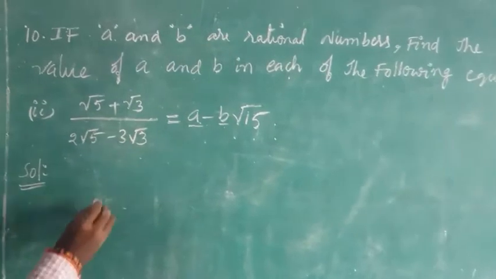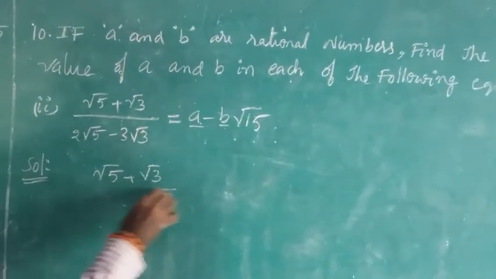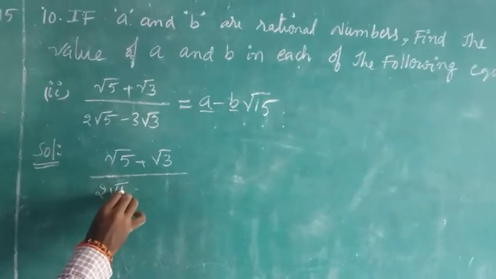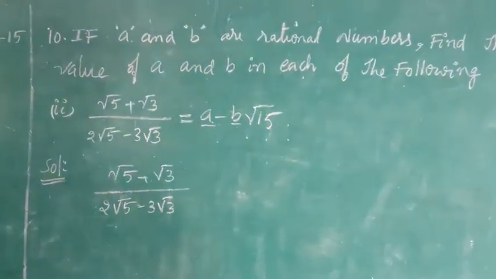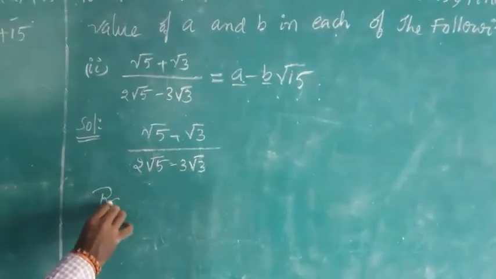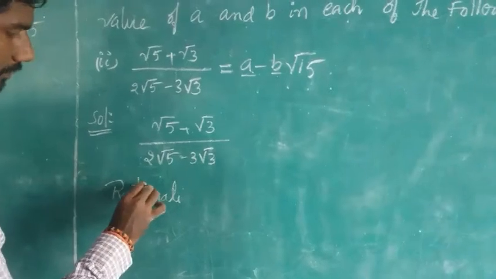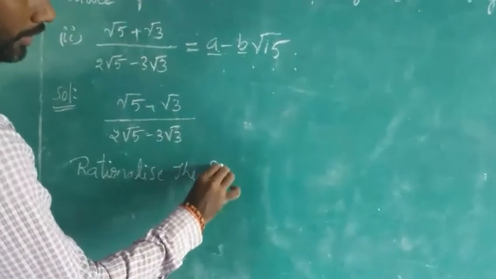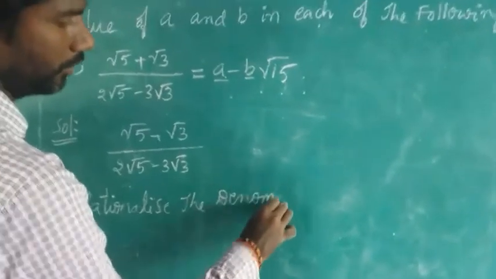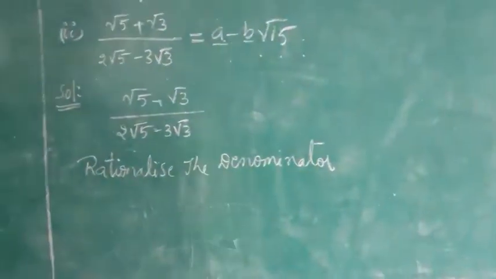LHS. So root 5 plus root 3 upon 2 root 5 minus 3 root 3. This is what you are writing. Rationalize the denominator. So what is rationalizing the denominator?